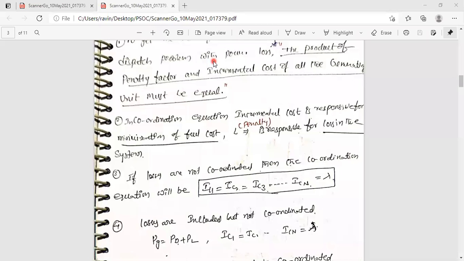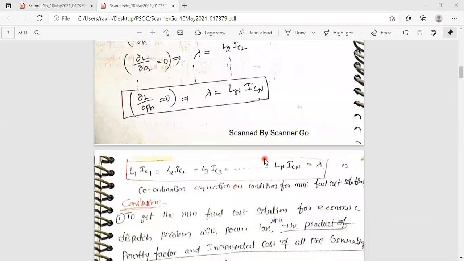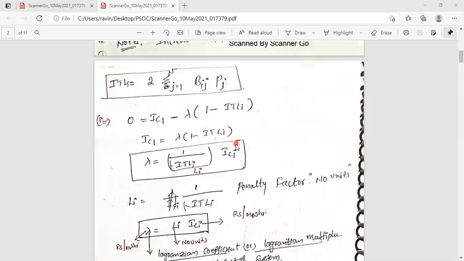The third conclusion is, if the losses are not coordinated, then the equation will be IC1, which is equal to IC2, which is equal to IC3, which is equal to ICN, that equals lambda. So what is the meaning of this? Here we discuss the coordination equation. This is a coordination equation.